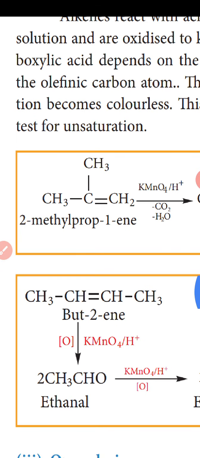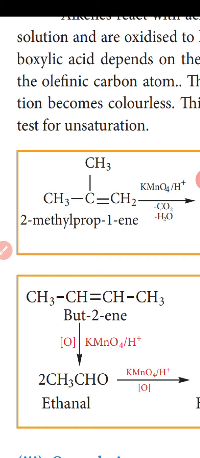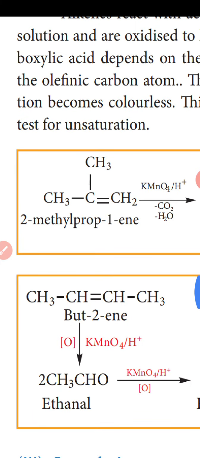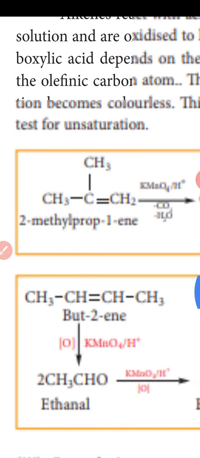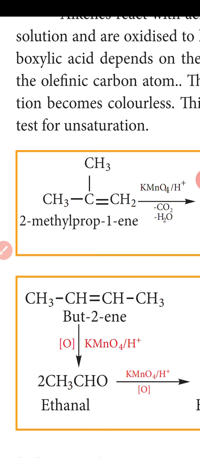The alkene reacts with acidified potassium permanganate and is oxidized to ketones or carboxylic acids, depending on the substituents at the olefinic carbon atoms. The purple solution becomes colorless. This is one of the tests for unsaturation.